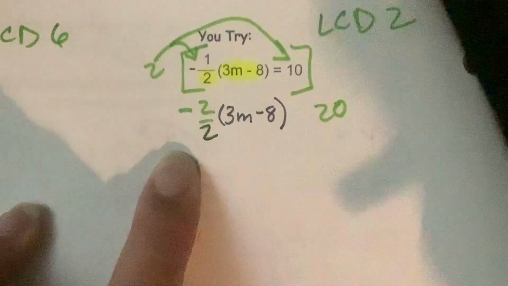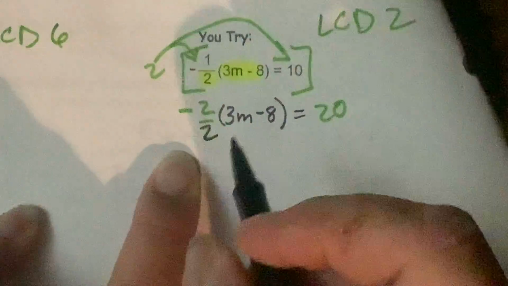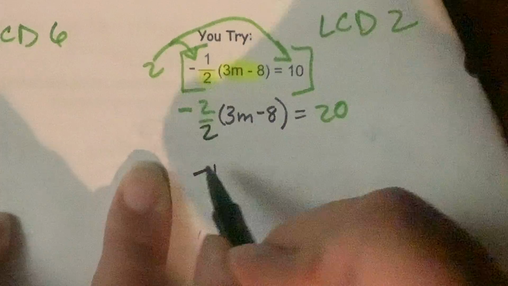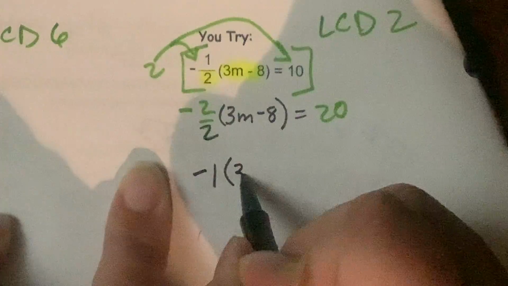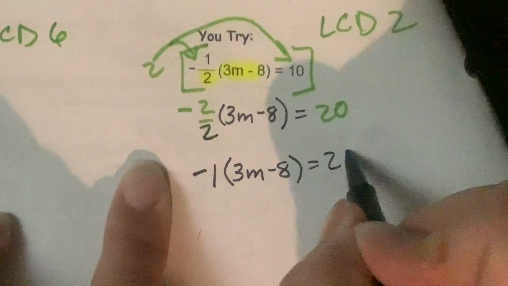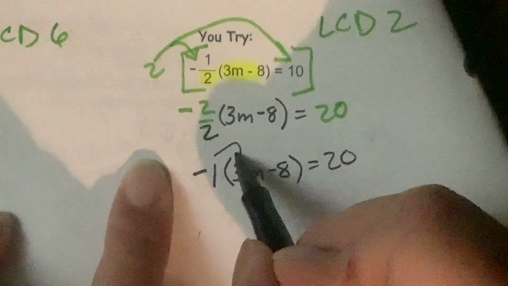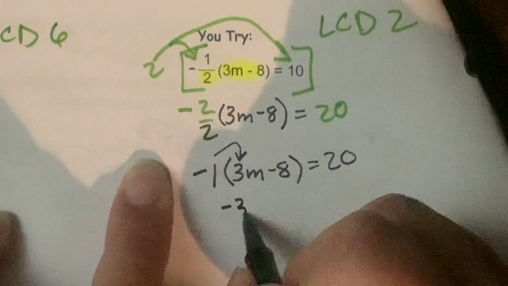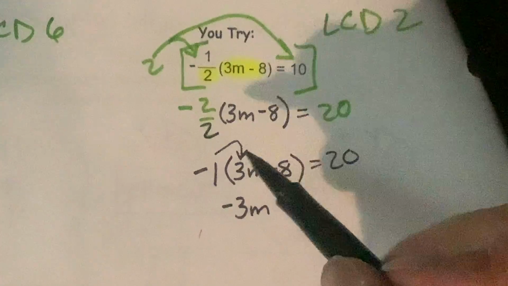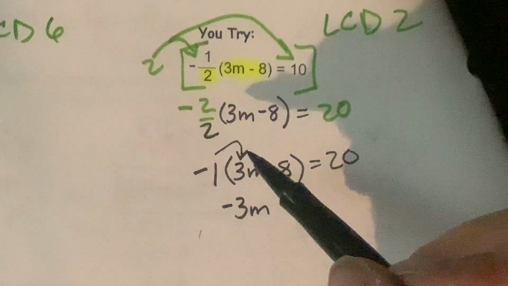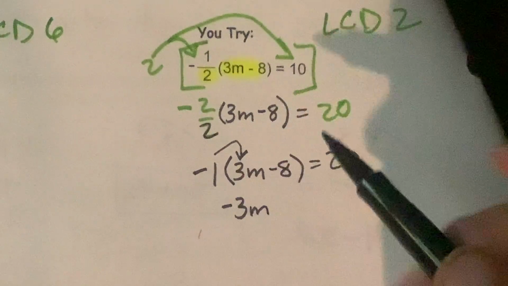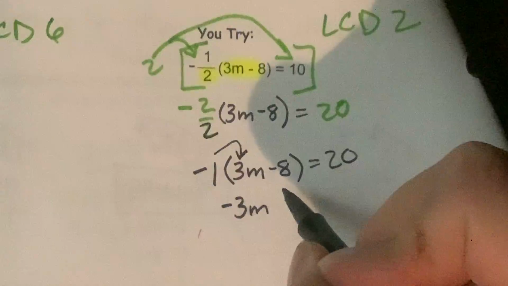Oh, I forgot the equal sign. Here we go, equals. All right. 2 over 2 is 1. Don't lose that negative, though. It's negative 1 times 3m minus 8 equals 20. Now, negative 1 times 3, negative 3m. And here it is. I've been waiting for this. This is negative 1 times minus 8. But remember, I could always change it to plus a negative.